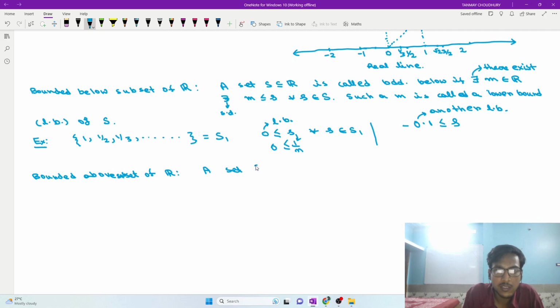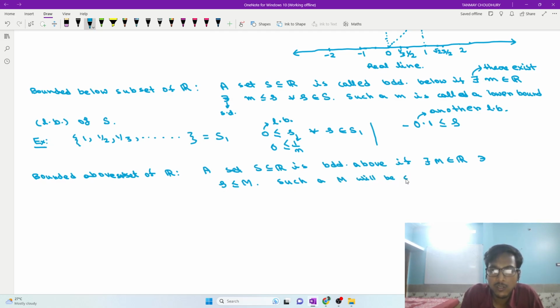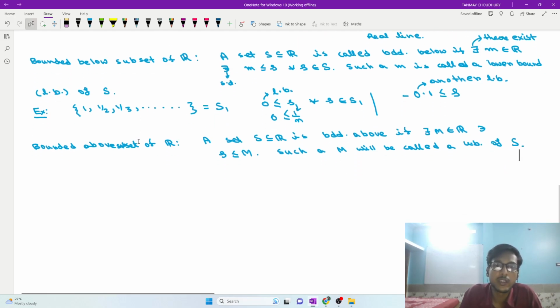A set A subset of R is bounded above if there exists M belongs to R such that all elements in the set S are less than or equal to the real number capital M. And such an M will be called an upper bound of the set S. Okay.